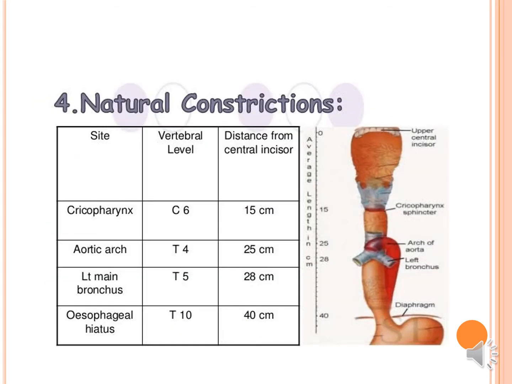At the level of C6, it is around 15 centimeters from the incisor, at the level of the aortic arch, that is T4, around 25 centimeters, at the level of the left main bronchus, that is T5, around 28 centimeters, and then at the level of the esophageal hiatus, around 40 centimeters.